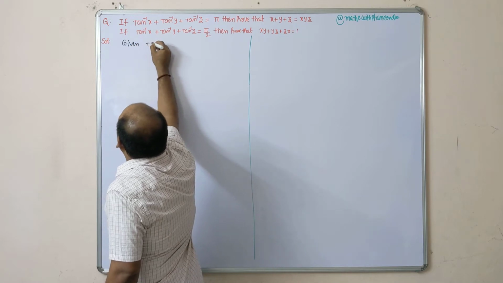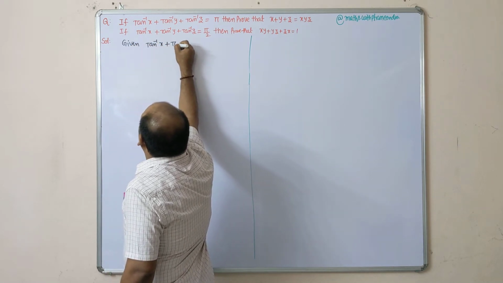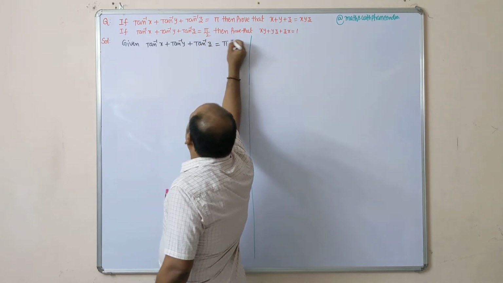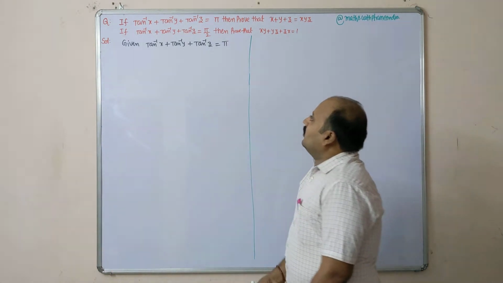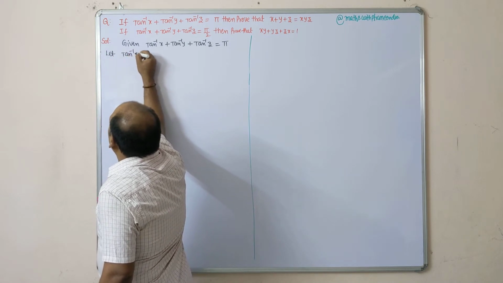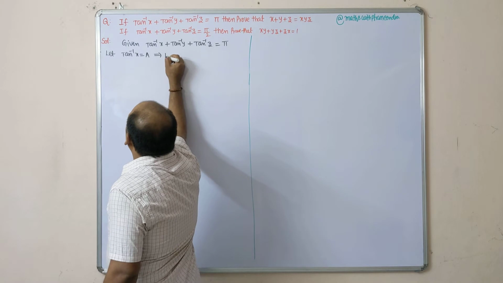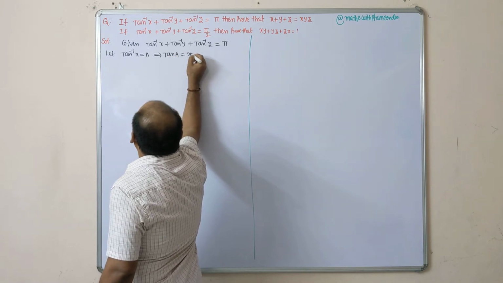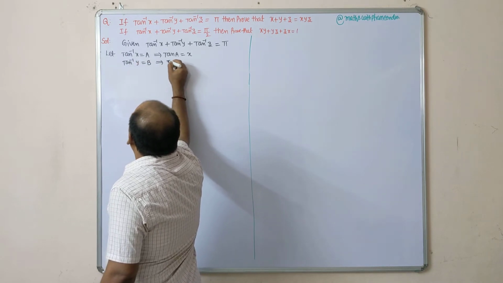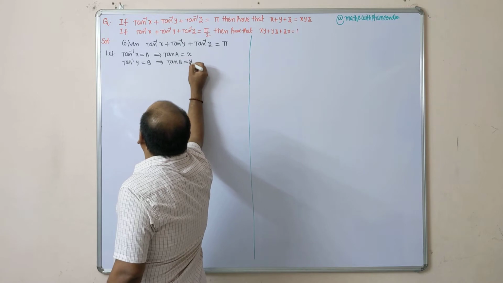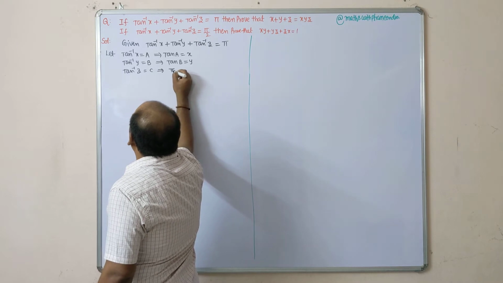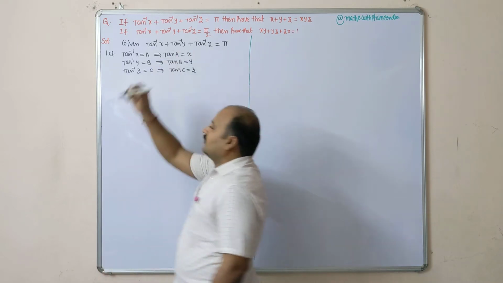Given tan inverse x plus tan inverse y plus tan inverse z is equal to pi. So next, what we have to do? Let tan inverse x equal a, that implies tan a equals x; tan inverse y equal b, that implies tan b equals y; tan inverse z equal c, that implies tan c equals z.